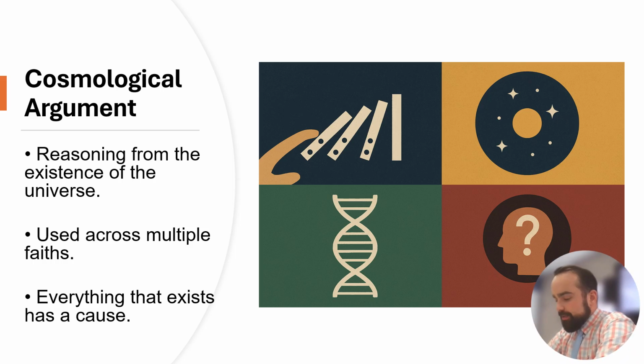The argument is commonly used by different faith groups. Especially deistic faiths that do believe in a God are all going to be very favorable to the cosmological argument. This is why the classical apologist says you have to have two steps. You can't just have the first step, because if you just prove God exists, that doesn't prove that Christianity is true.